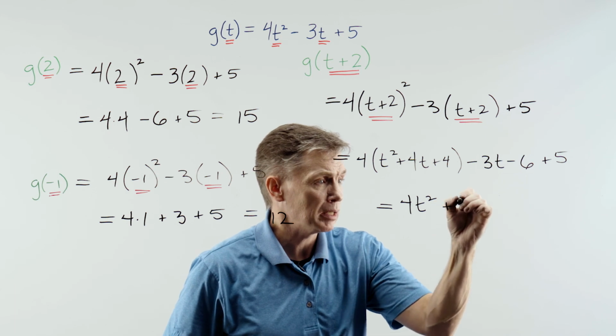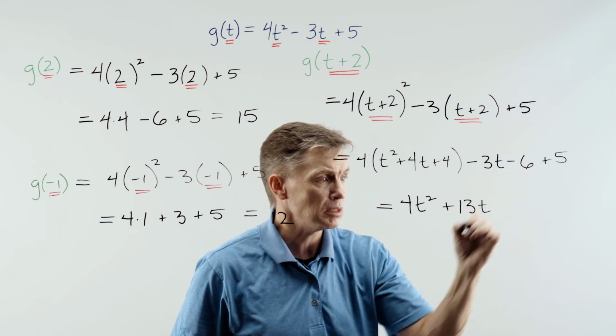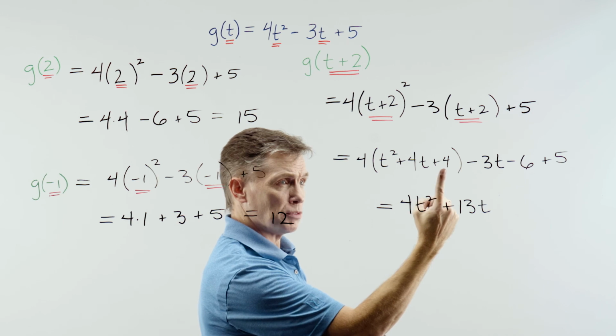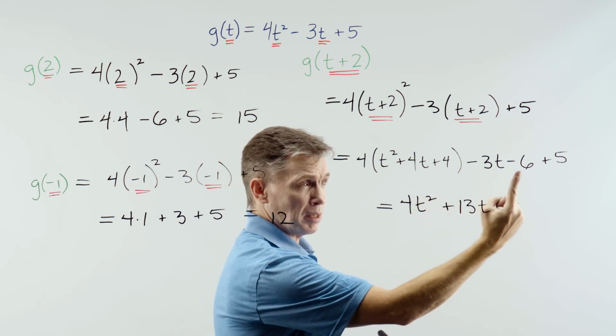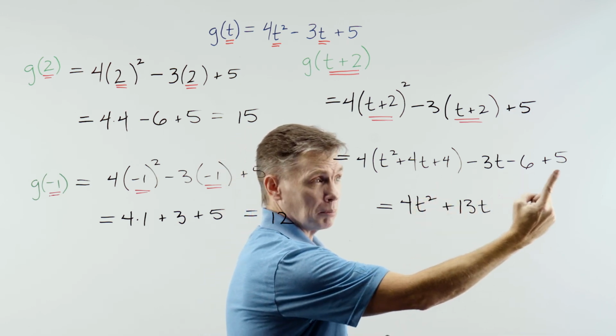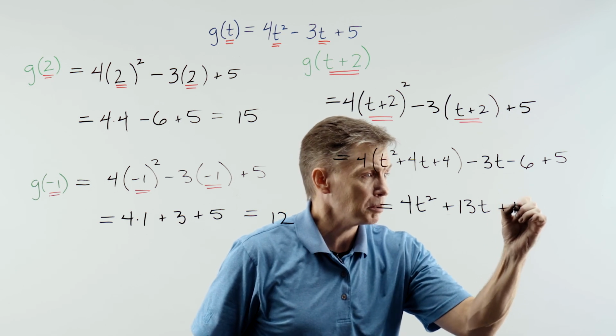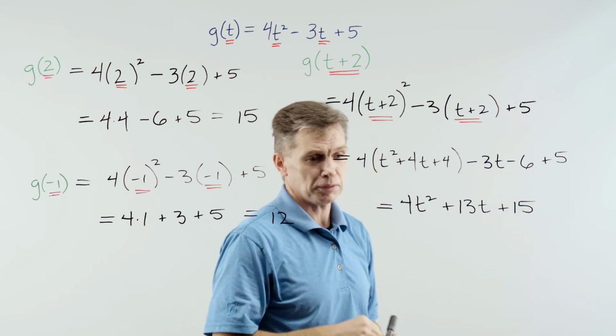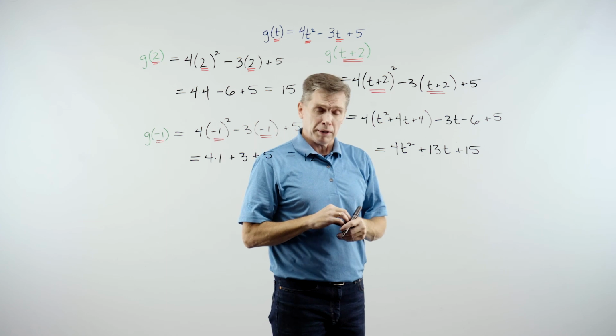So how about combining and getting plus 13t? 4 times 4 is 16, but then take away 6 goes down to 10, but then plus 5 looks like plus 15.